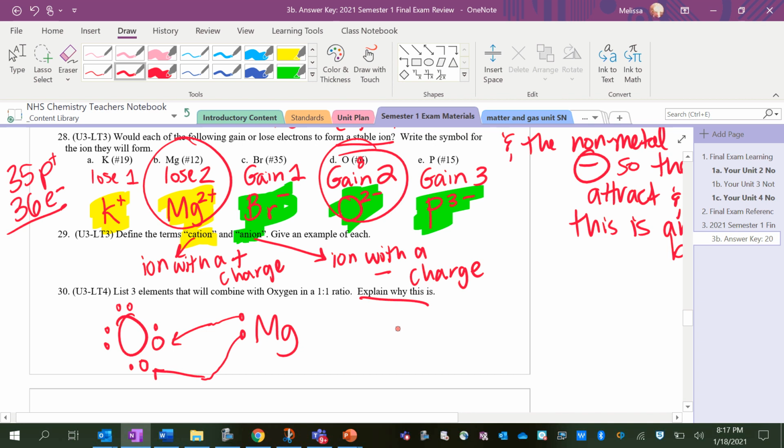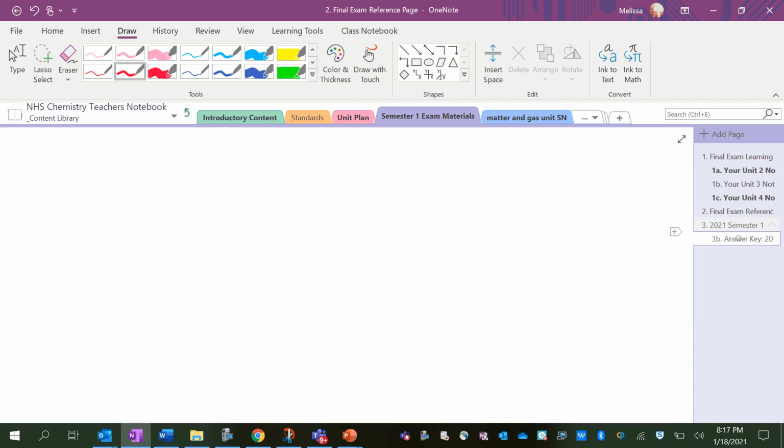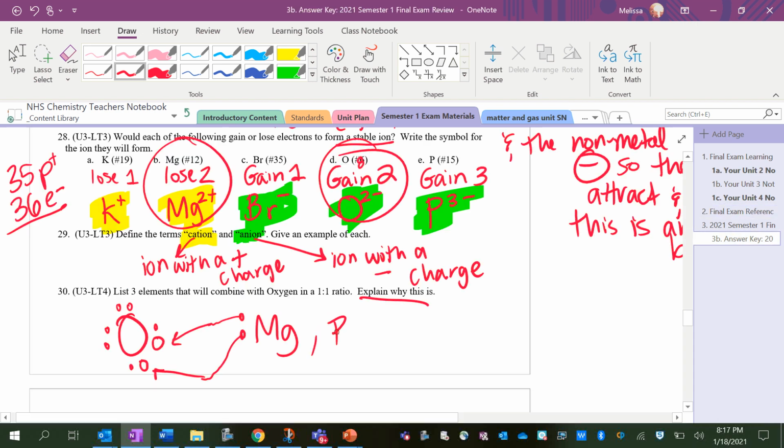Anything in group 2A, in fact, all of these want to lose 2. Like Be wants to lose 2 to be like helium. Calcium wants to lose 2 to be like argon. So other examples would be Be and Ca.